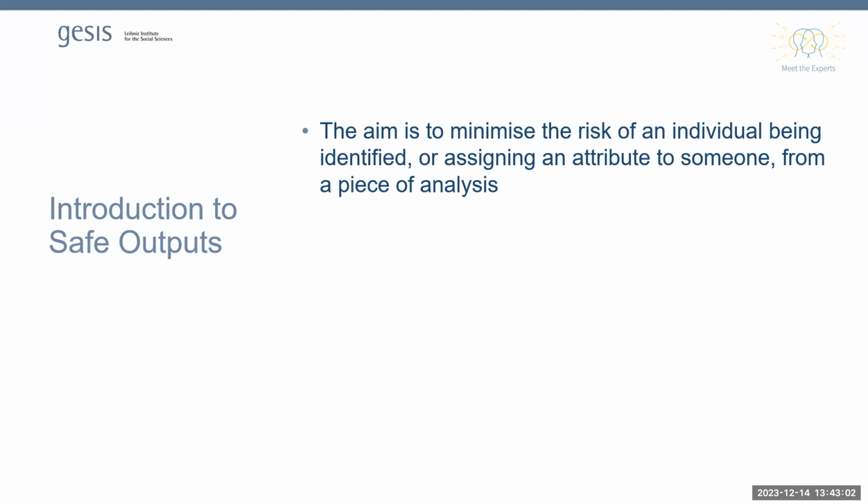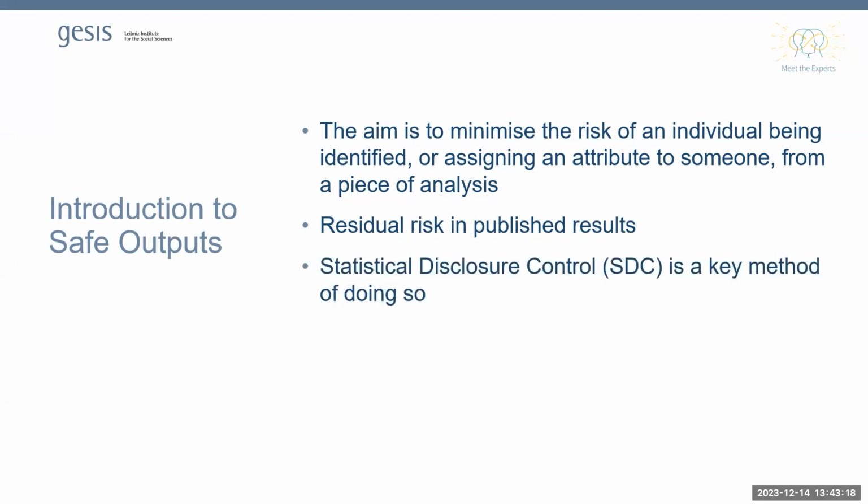The aim of safe outputs is to minimize this risk, because we know the risk is very minimal. It's not a huge risk, but we know it exists. So we have to really demonstrate that we have thought about this and we keep it negligible.